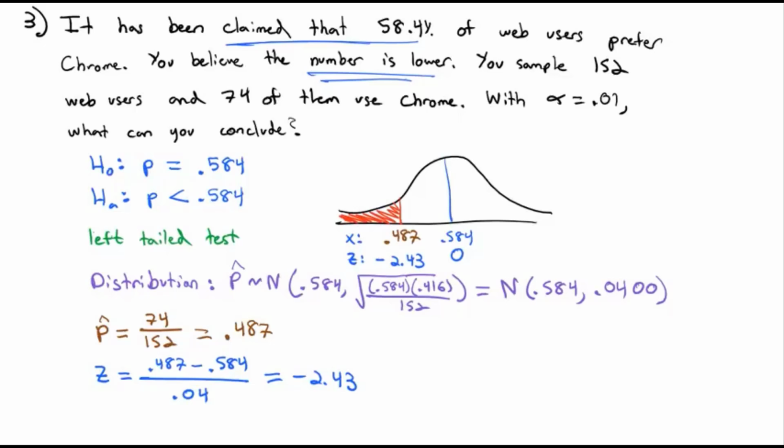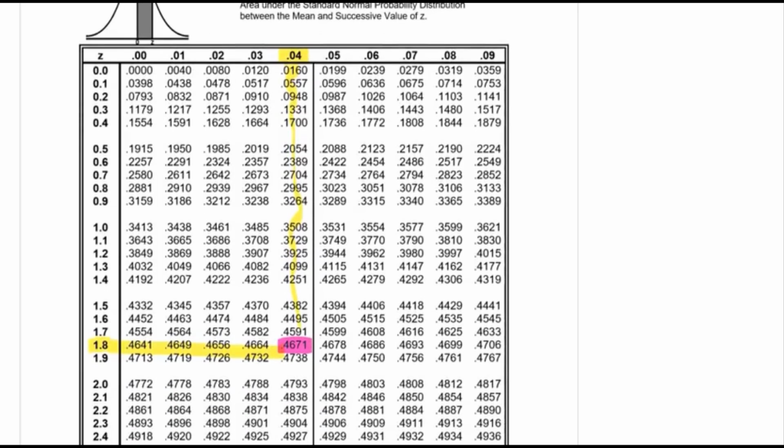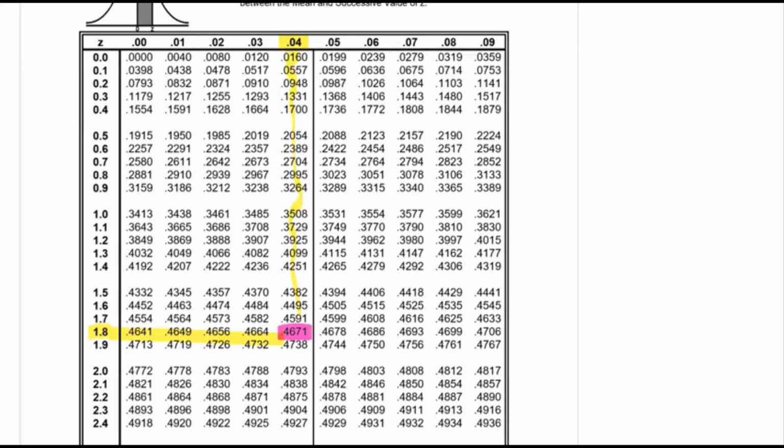Let's go to our z-table. And I got to scroll down a bit to see 2.43. Looks like this time we're going to have an area of 0.4925.